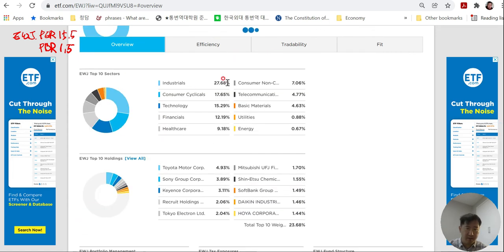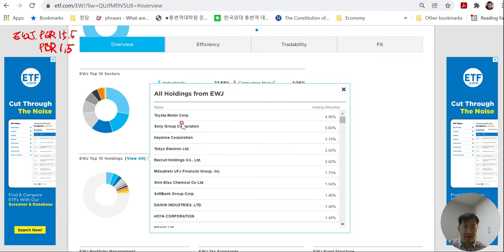Majority of them are industrials, consumer cyclicals, technology. Toyota, it's a car manufacturing company. Sony used to be somewhat like Samsung Group, but now they invest more in movies and music, right?